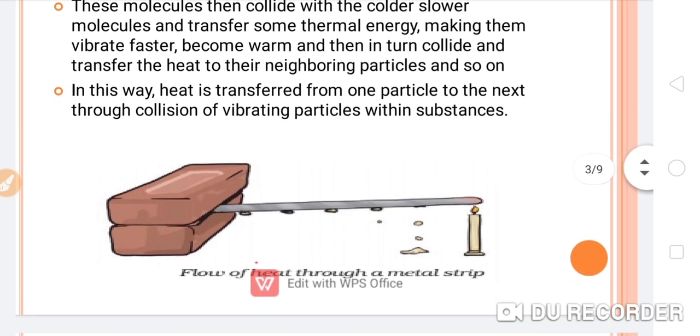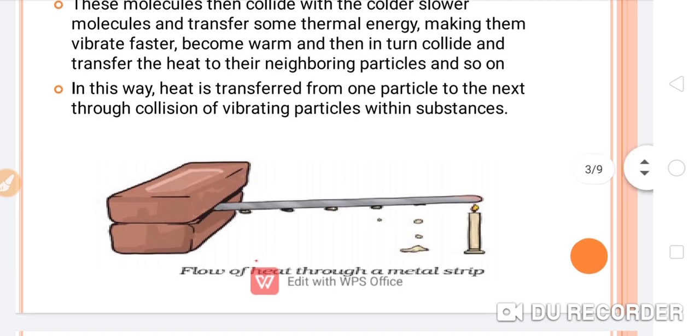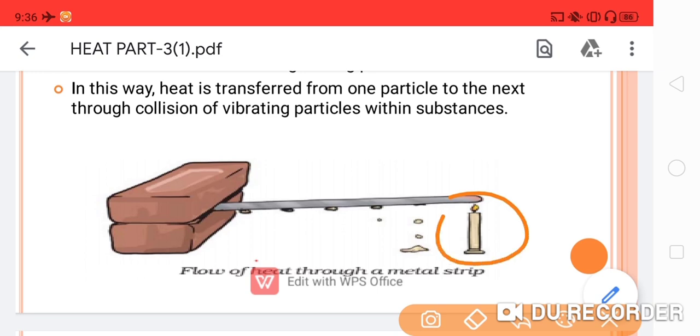In this diagram, you can see there is a source of energy, that is the burning candle. Whatever particles exist just over the burning candle will absorb the heat.